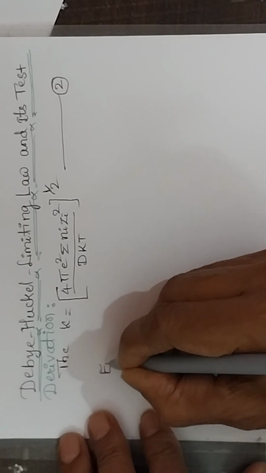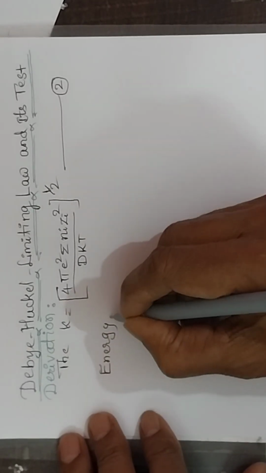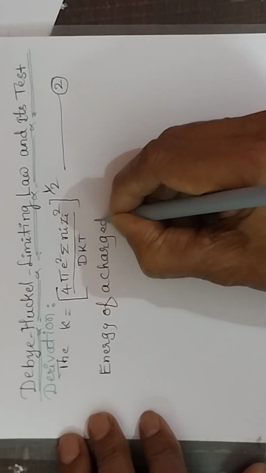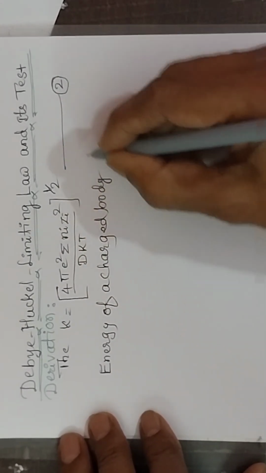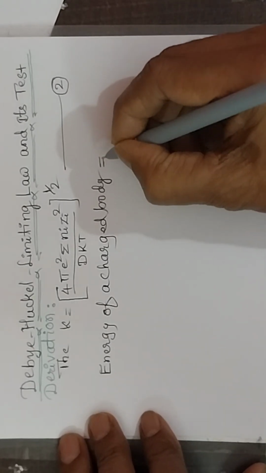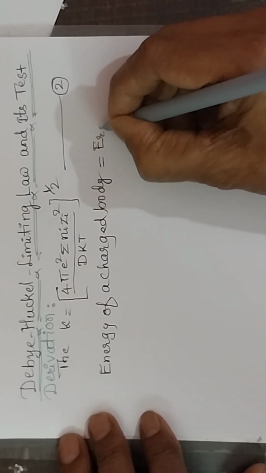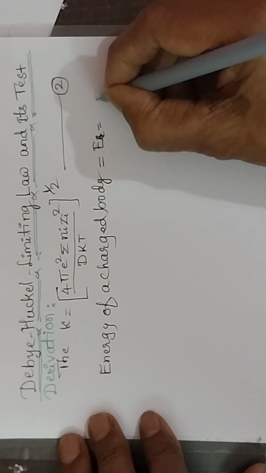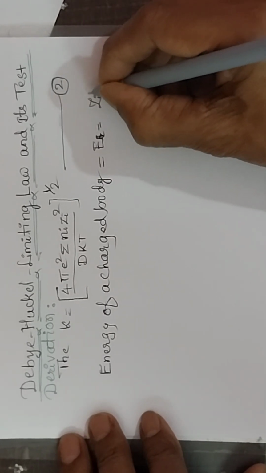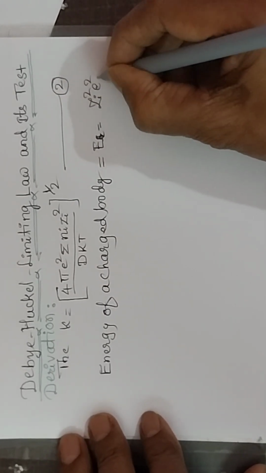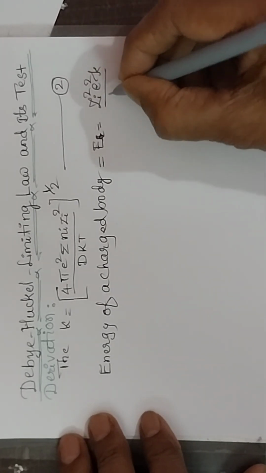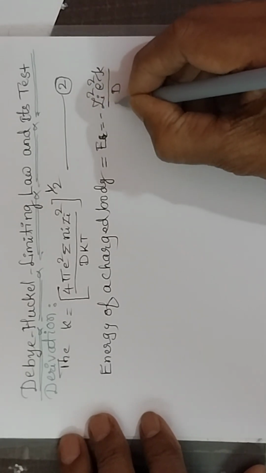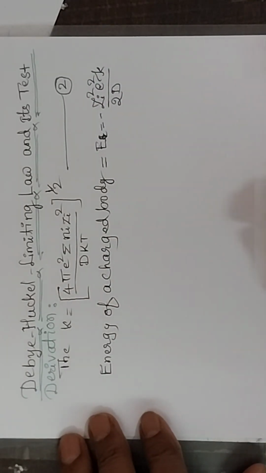The energy of a charged body, that is given by E_R, or E_i for the ith ion, equal to minus Zi square e square kappa divided by D, with a negative sign, and 1 divided by 2 may be taken as equal to 2.